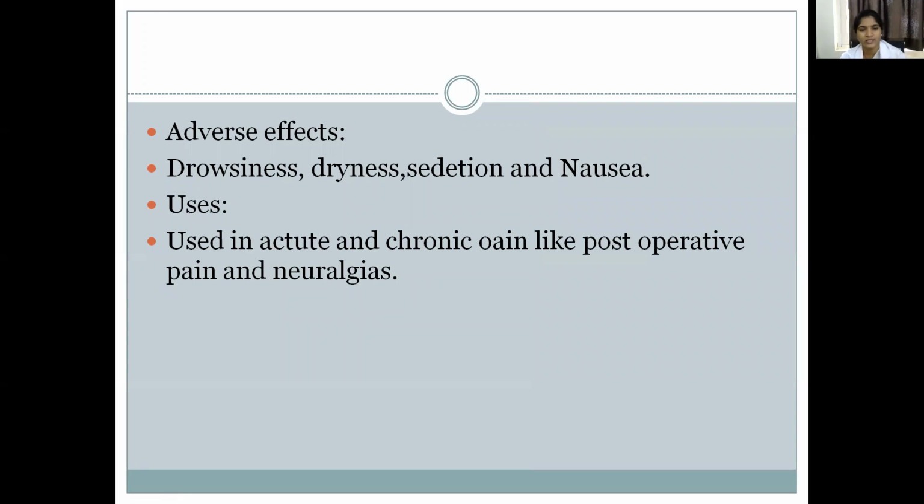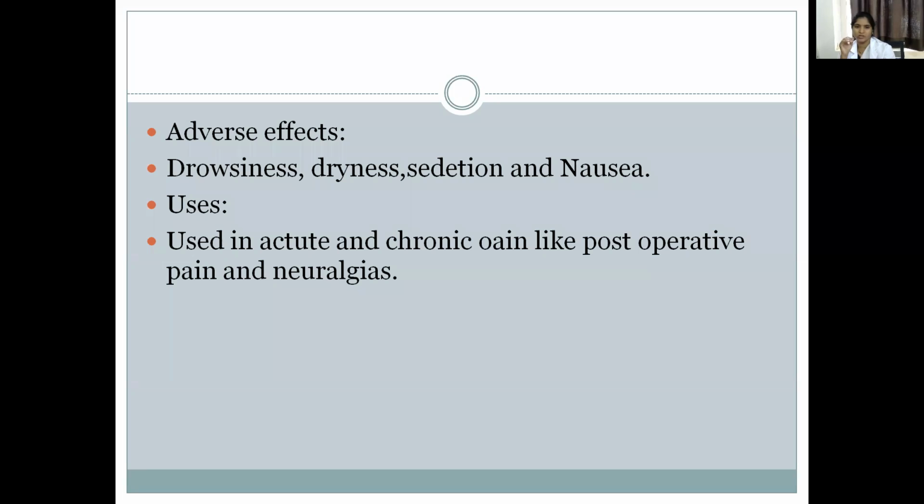Adverse effects: it causes drowsiness, dryness, sedation, and nausea. All these are the adverse effects of tramadol. It is used in acute and chronic pain like post-operative pain and neuralgias. It is used after surgery to reduce the post-operative pain.